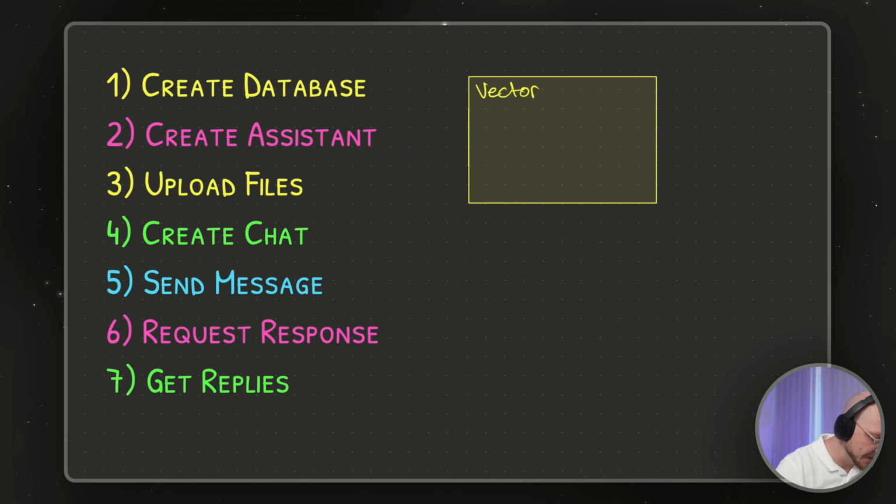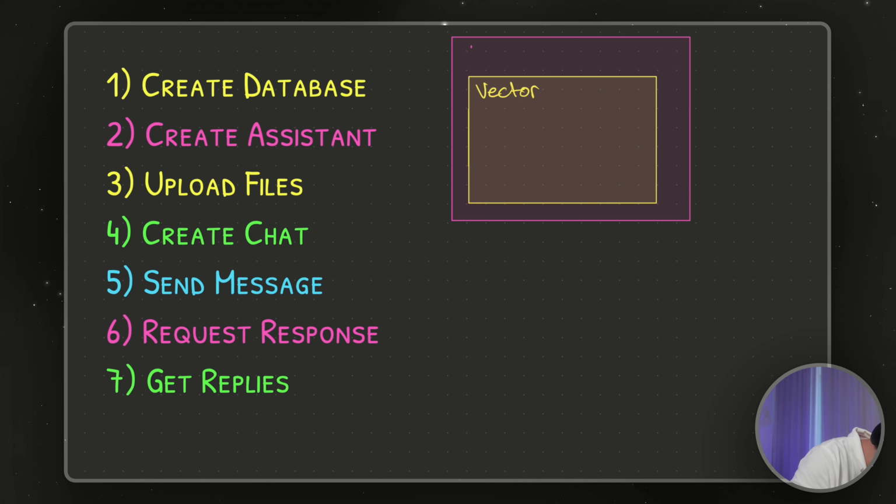So once we've done that, then what we need to do is create an assistant, okay? So we create an assistant, and this assistant now has access to the database that we just created. Now, once we've done those two steps, then what we need to do is add some files.